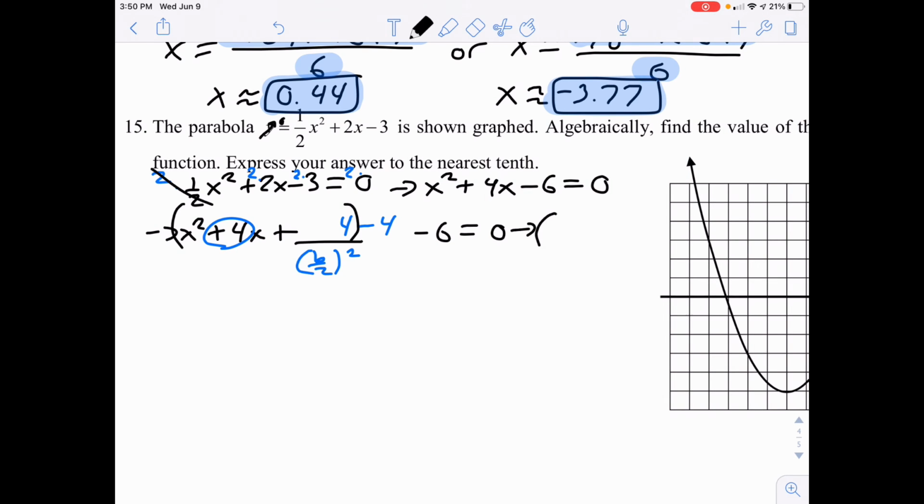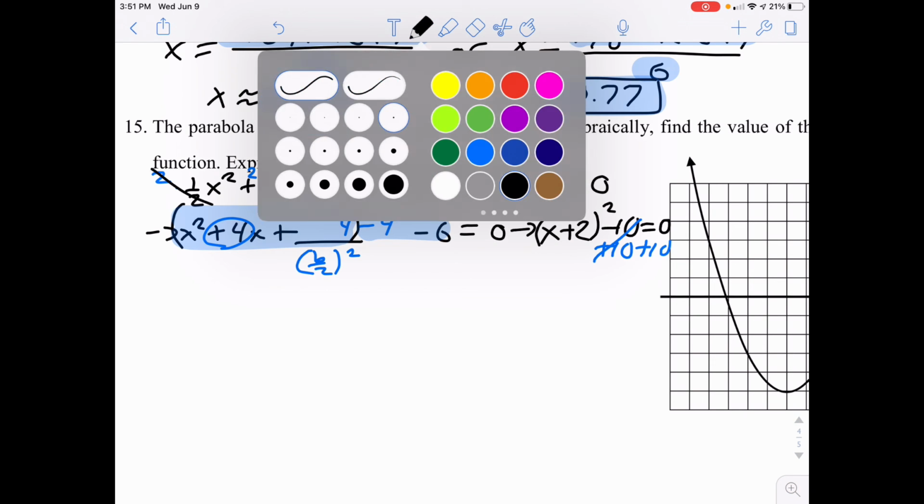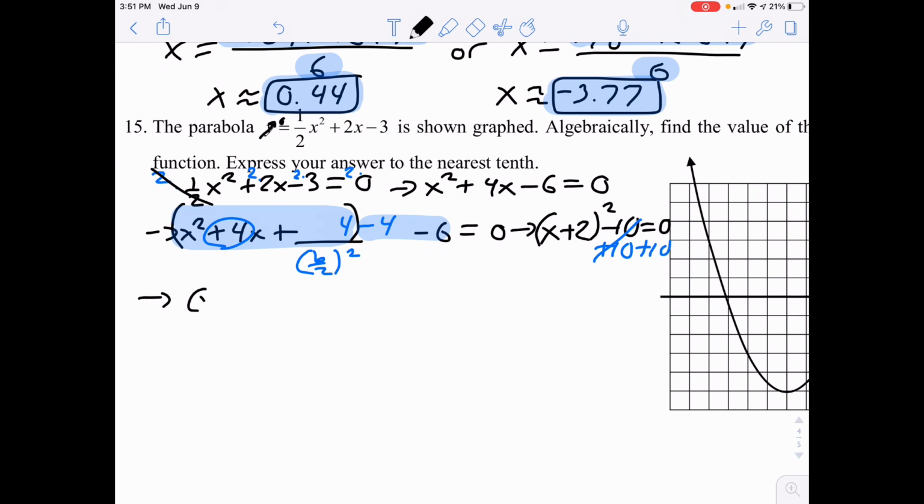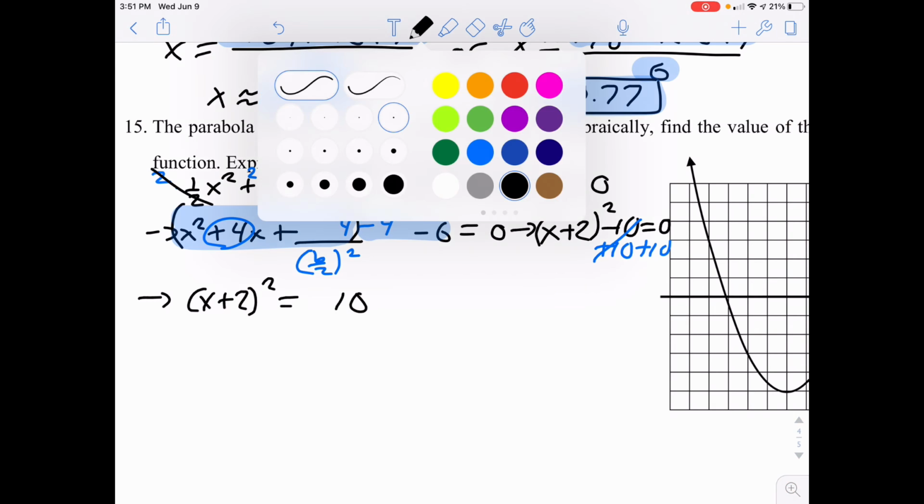And so I get my perfect square binomial would be x plus square root of 4 is 2 squared. And then minus 4 minus 6 would be minus 10 equals 0. Okay, so I kind of want to do this by adding 10 to both sides. And I get x plus 2 quantity squared equals 10.